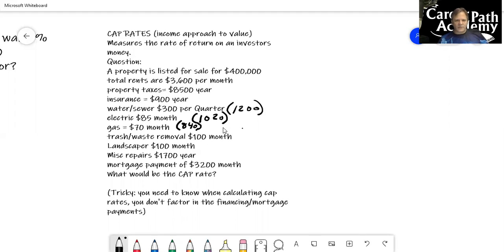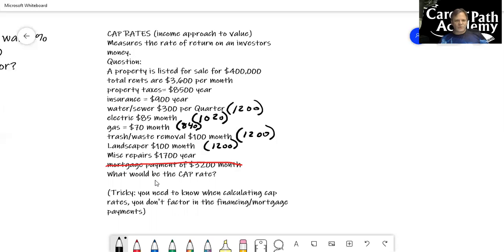Trash at $100 a month times 12, $1,200. Landscaper, $1,200. Miscellaneous, $1,700 a year. Okay, if the mortgage is $3,200 a month, who cares? You don't need that number, right? This is the trick part to it. You don't calculate this. They gave you too much info. But you need to know that.